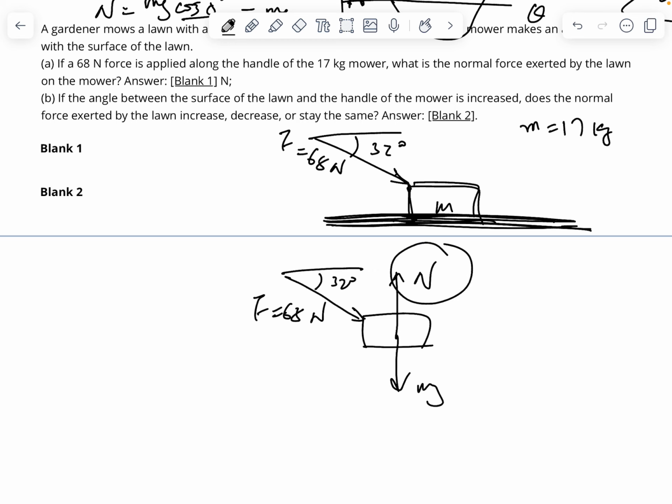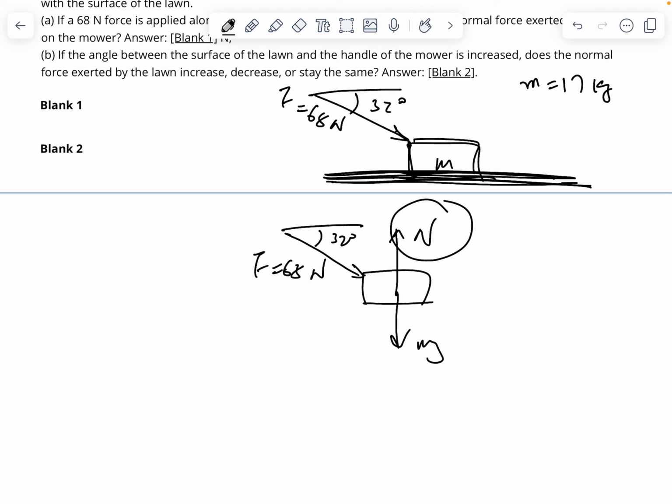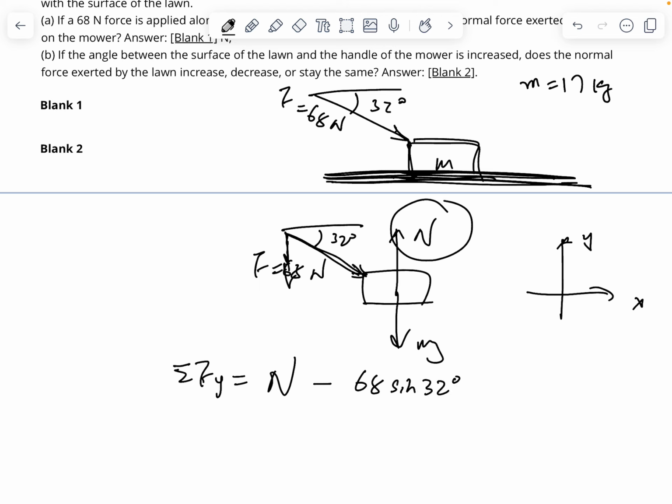Okay, so F equal to 68 newtons at 32 degrees. Looking for the normal force. All right, so this is the x-axis, this is the y-axis. Let's look at net force in the y-axis. This guy has a component in the y-axis, pointing down. So normal force positive minus 68 sine 32 minus mg.